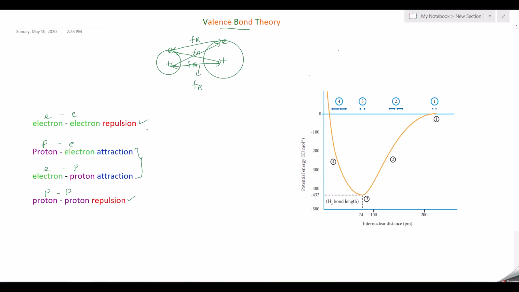So when will you have bonding? When the net force of attraction is greater than the net force of repulsion, then you will have bonding. If the net force of attraction is less than or equal to the net force of repulsion, then there will be no bonding.